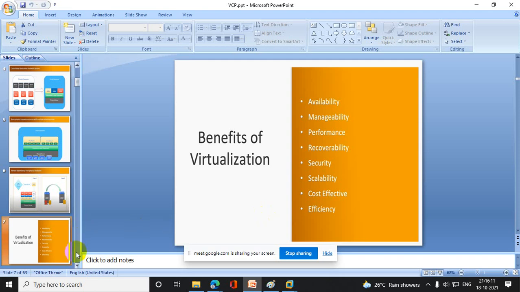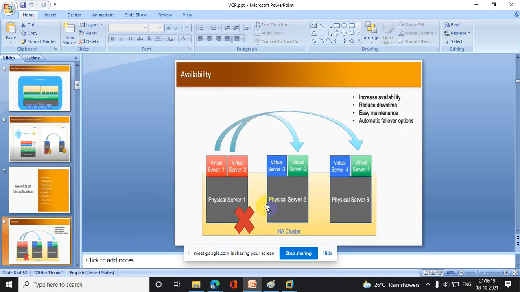In the next couple of slides, we will understand each module individually. First he's telling availability. As I told you before, in case a physical server fails, vCenter will detect that failure and sense that something went wrong.